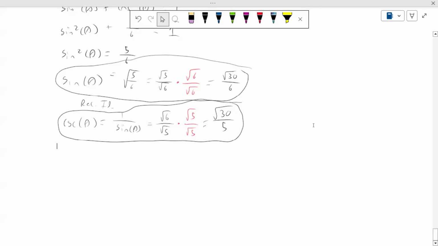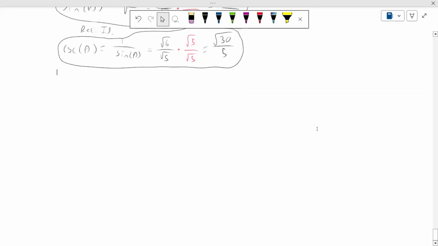Okay. So let's talk a little bit about complements of angles. This is a definition that I've probably already given you. I'll call this subsection trigonometric functions and complements.